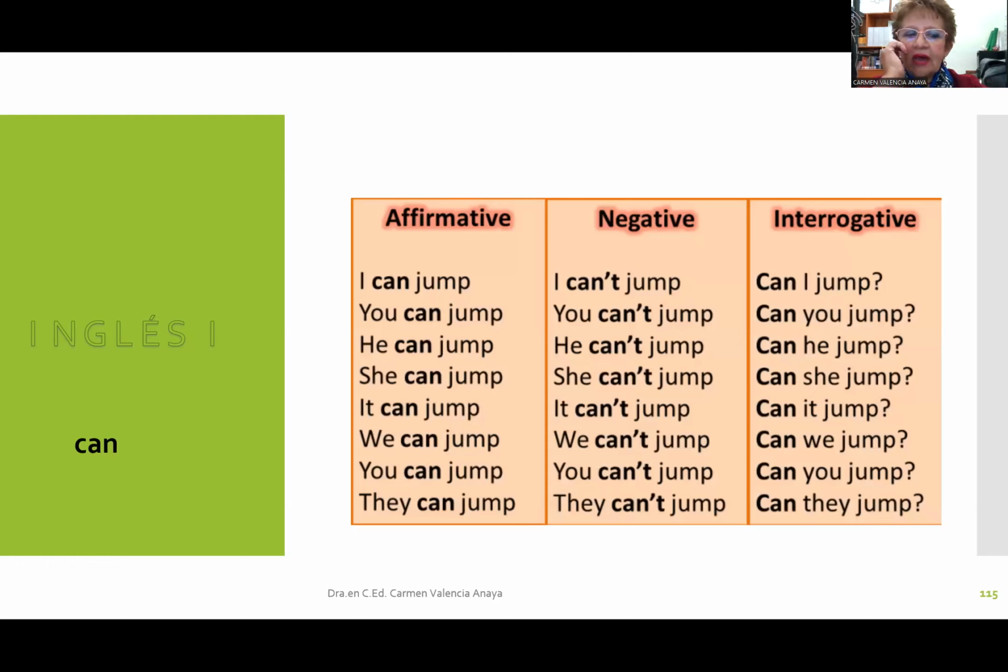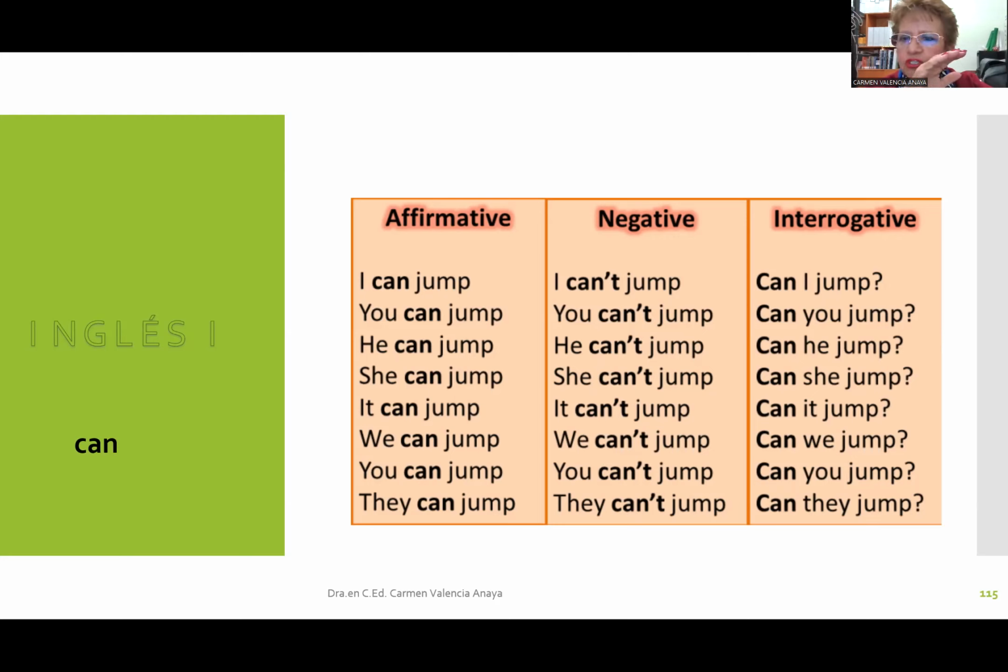Okay, now we will see the three forms: affirmative, negative, and interrogative form. If you can see, you are going to apply can for all the people. I can, you can, he can, she can, it can, we can, you can, they can.